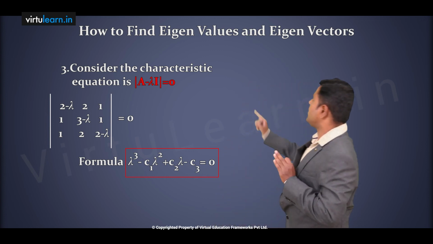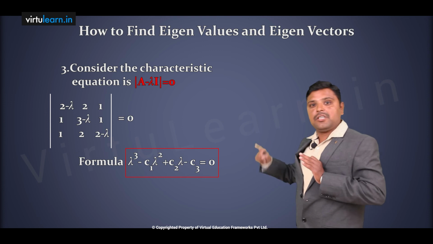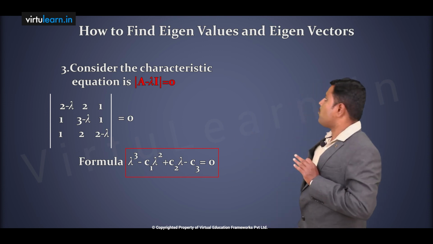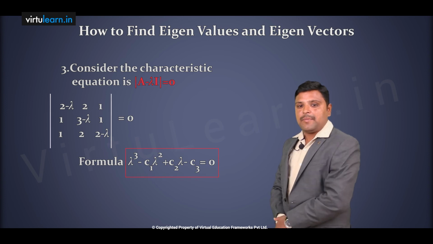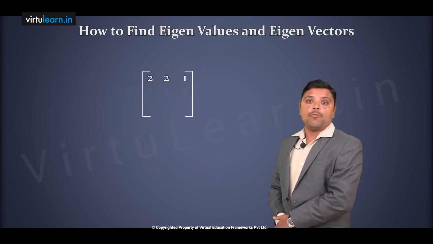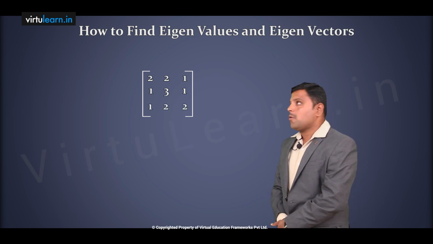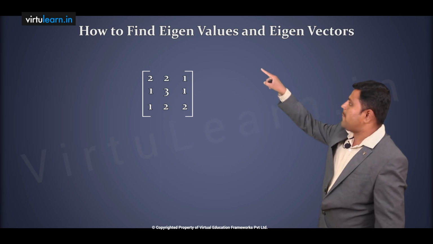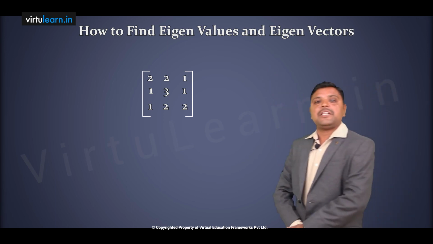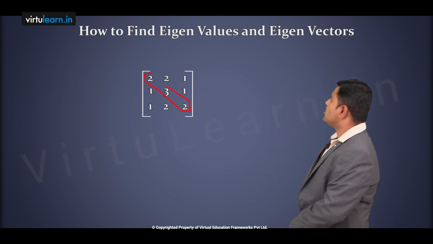Right? Now what is C1 here? What is C1? What is C2? What is C3? Now, we have already taken one matrix. Once again you recall that matrix: 2, 2, 1; 1, 3, 1; and 1, 2, 2. Now in this you focus on the principal diagonal elements. What are the principal diagonal elements here? 2, 3, 2.